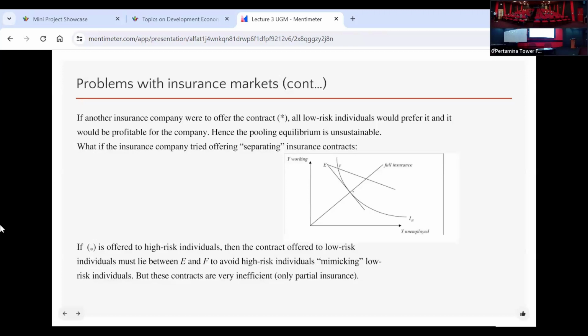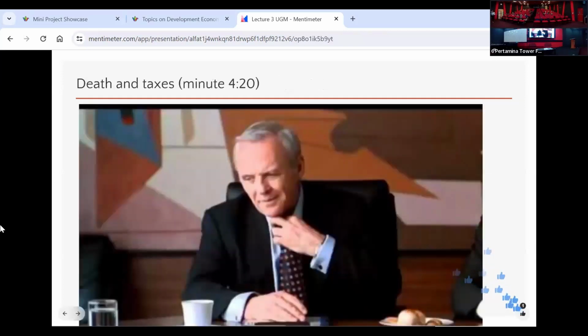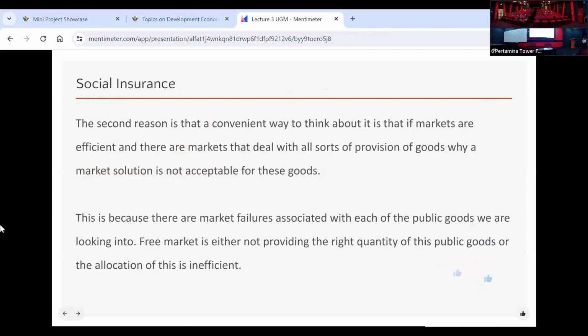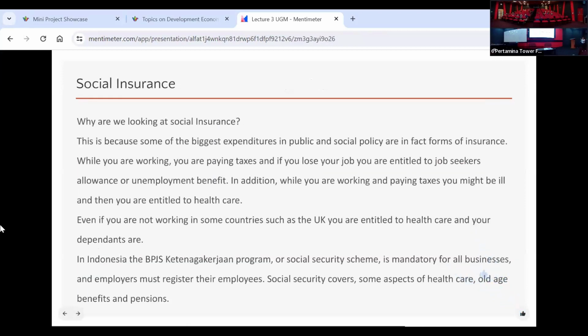You pay taxes. That's why, as we know from the first slide, this social program is mandatory for all businesses and employees, and they must register their employees. Whether they are low risk or high risk, it doesn't matter.